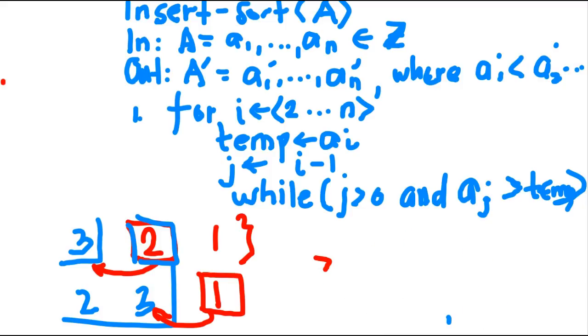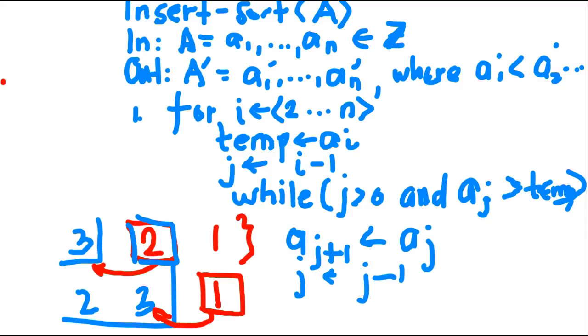So this is an in-place swap. We assign to a sub j plus 1 the value of the previous a sub j, and continue the loop, decrementing j. And afterwards we have to end this one.